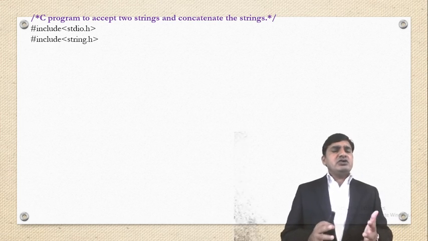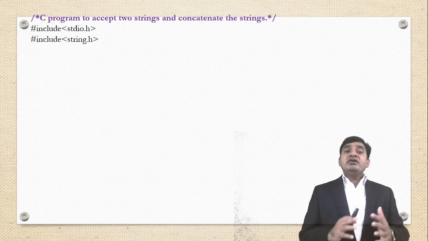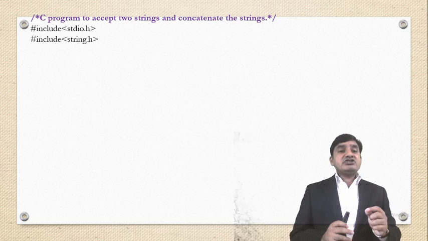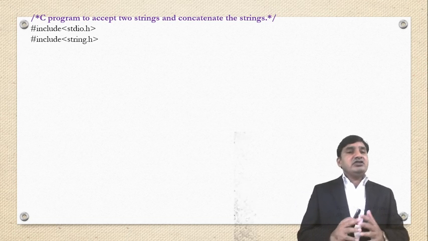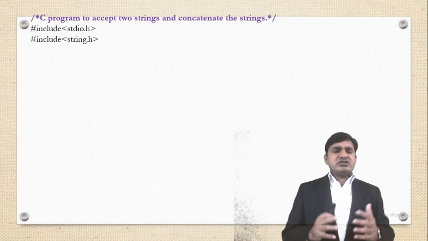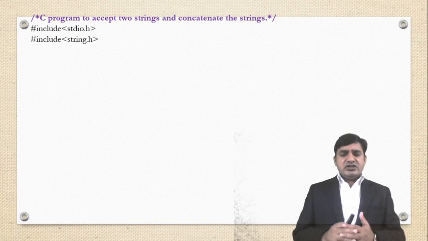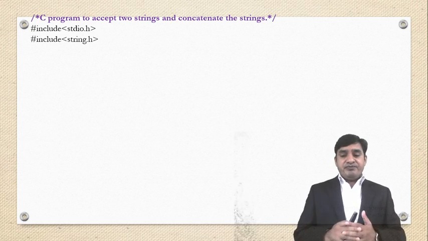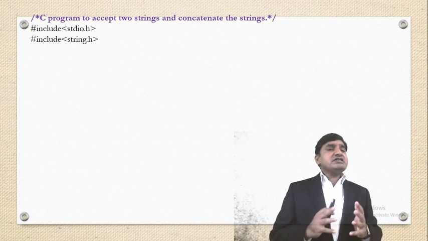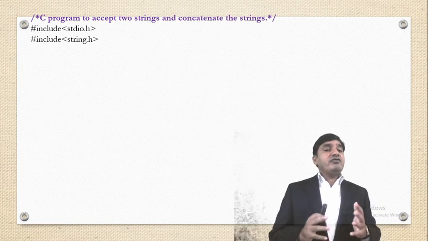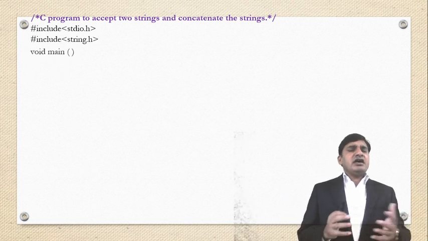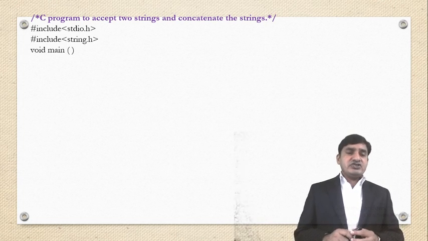Then hash include is again a preprocessor directive. string.h represents the header file which defines one macro variable and various functions for manipulating arrays of characters. Then again the void main function.